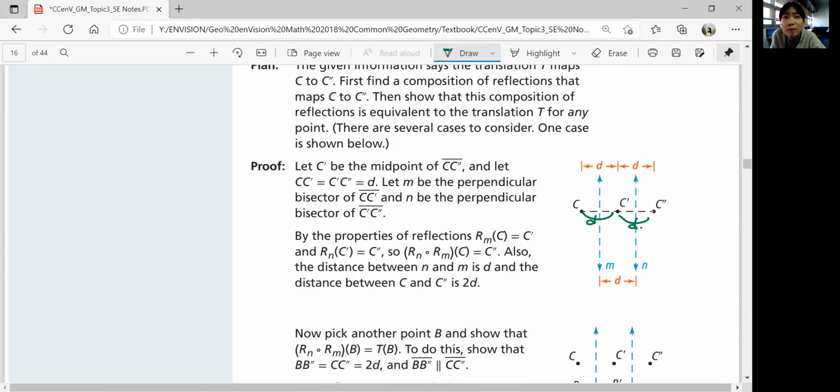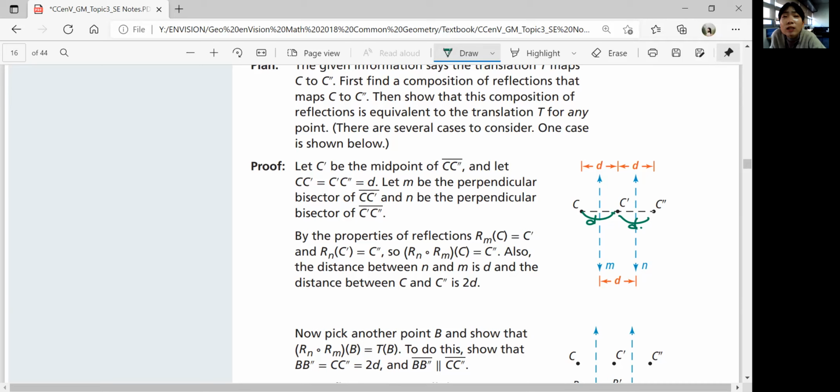And if line M is the perpendicular bisector of the line C to C prime, then N would be a perpendicular bisector of C prime to C prime prime. By properties of reflections, reflection on line M from C to C prime should be a reflection, right?